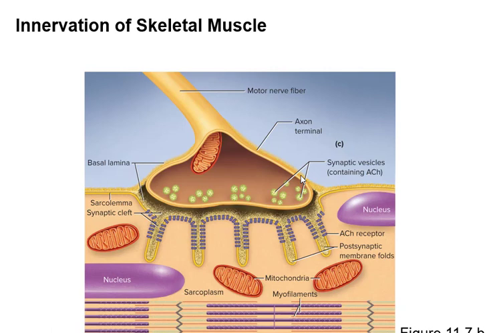So this is called the presynaptic, because it is before you get into the synapse, and this is the postsynaptic. So the presynaptic is the axon itself. It's the bouton of the axon, and the postsynaptic is the actual muscle cell, which you're going to call a muscle fiber.